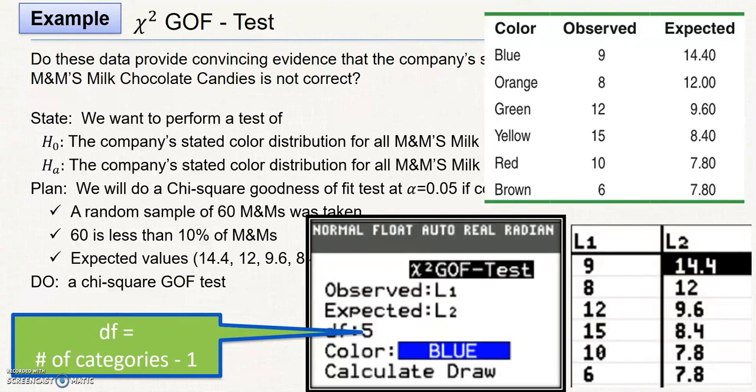Your degrees of freedom have nothing to do with the sample size any longer. For the chi-square test, you actually want the number of categories minus 1 instead of your sample size minus 1. So degrees of freedom for this one, because there are 6 colors, 6 minus 1 is 5. Pause and put your data in L1, L2, and run a test.